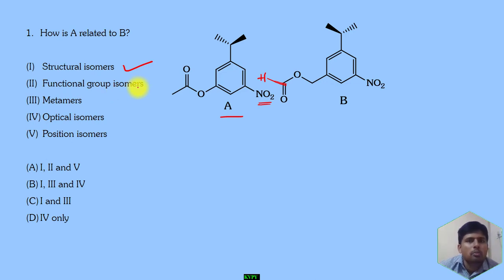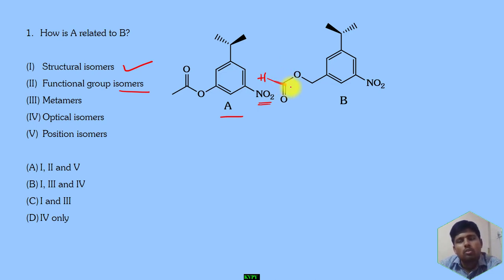Then functional group isomers. Are they functional group isomers? For having functional group isomerism, you need to have two different functional groups. If you look at this, there may be argument that this is an aldehyde also, sir. So it cannot be ester alone.